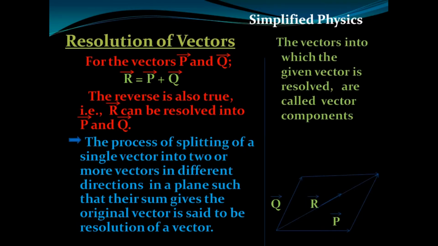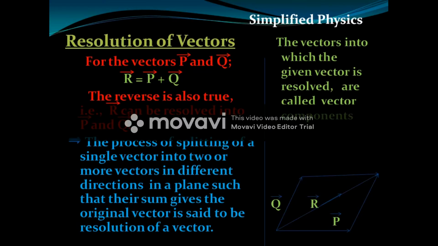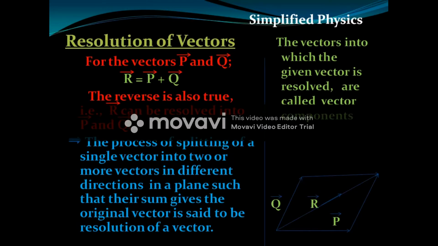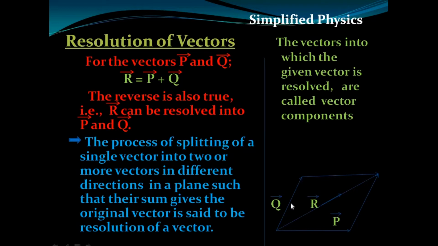A vector can be resolved into two or more vectors. Here r vector can be resolved into p vector and q vector. P vector and q vector are called components of the vector r. That means the vectors into which a given vector is split or resolved are called components of the vector or vector components. So the vector components of the r vector are p vector and q vector.